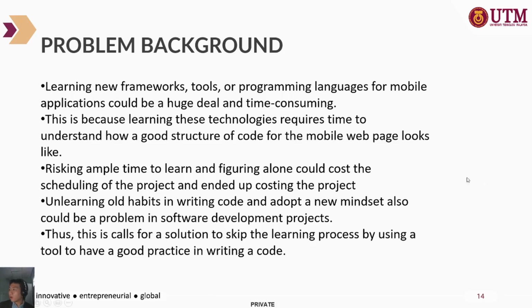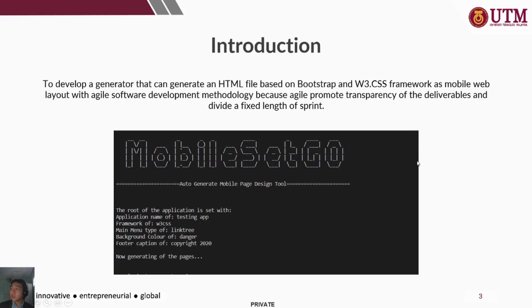So this calls for a solution, that is to develop a generator that can generate an HTML file based on Bootstrap and W3 CSS framework as mobile web layout with agile software methodology, because agile promotes transparency of deliverables and divides work into fixed length sprints.